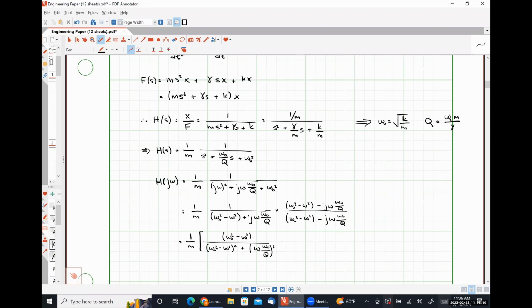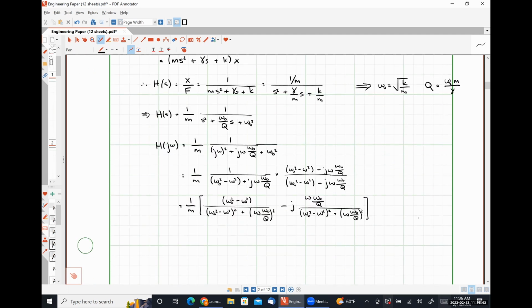Now I'm going to have my imaginary part, so this is going to look like minus j omega times omega naught over Q divided by that same denominator, omega naught squared minus omega squared quantity squared plus omega times omega naught over Q squared. I promise you guys there is a method to the madness here, okay?